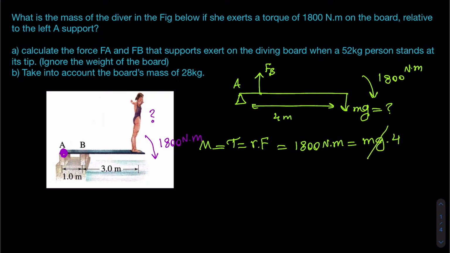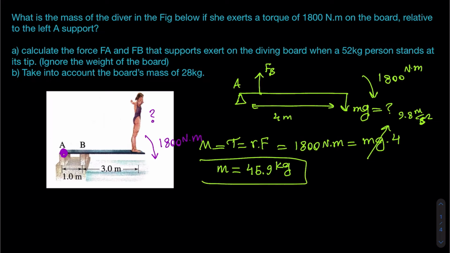And we need to take g as 9.8 meter per second squared, or almost 10. By solving this equation, we will get m is equal to 45.9 kilograms, almost 46 kilograms. So this is the mass of this diver. This is the first part of the question.